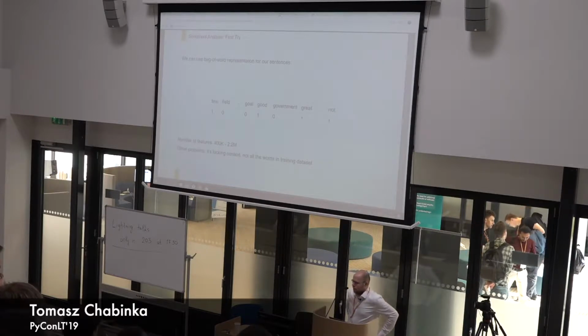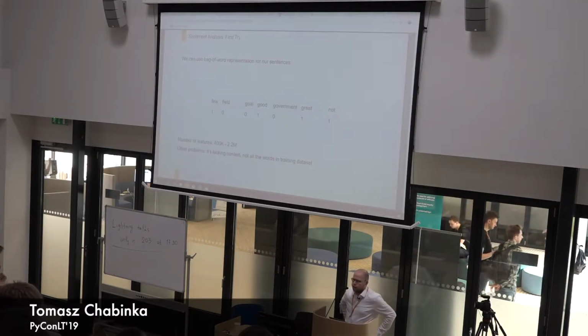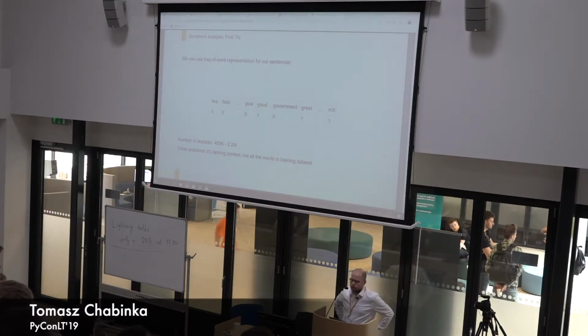And the traditional way to work with text data is to create a bag of words representation of our sentence. So we take all the possible words and we mark which of them actually were present in our sentence. There are two problems with this approach. The first one is that we will have a lot of features.